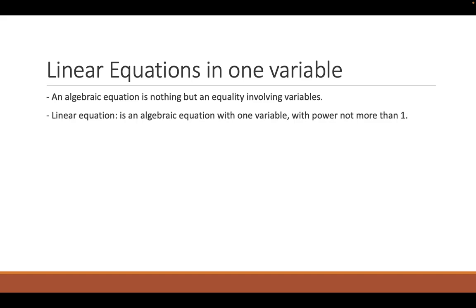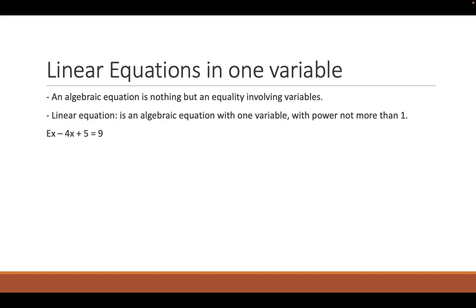Linear means straight line kind of. So the power, you will know eventually what kind of powers go through that. Power means exponents and all. So if it is raised to power of 1, then only it goes towards linear equation. Now we will see some examples here and it will be more clear.